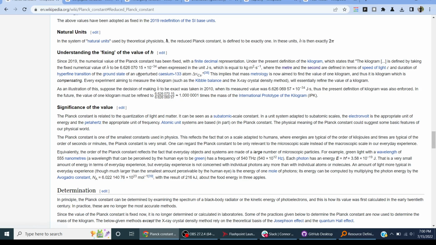This implies that mass metrology is now aimed at finding the value of 1 kilogram.